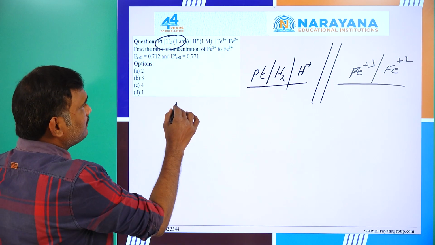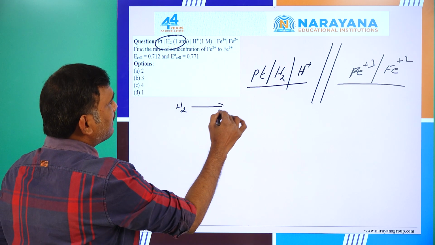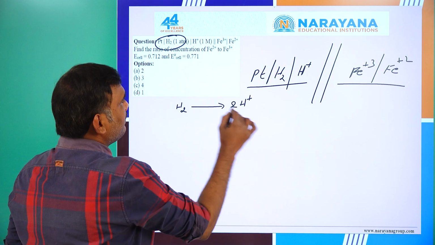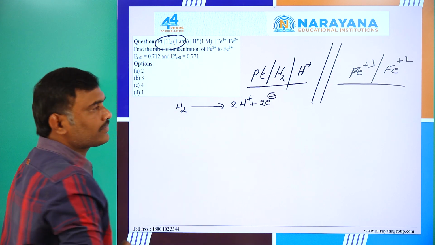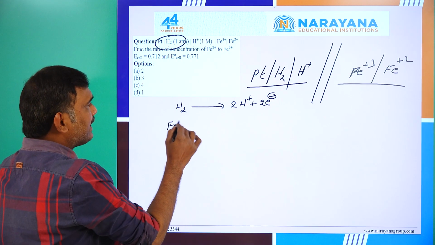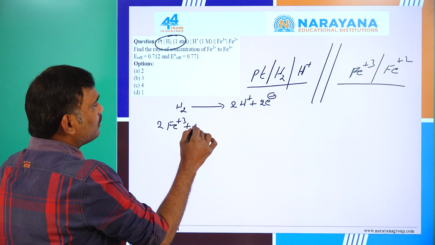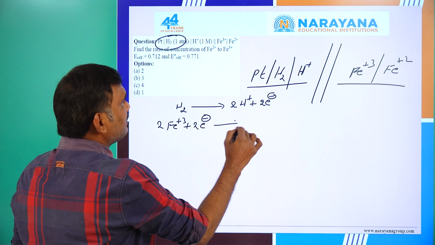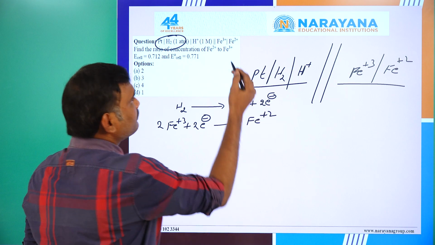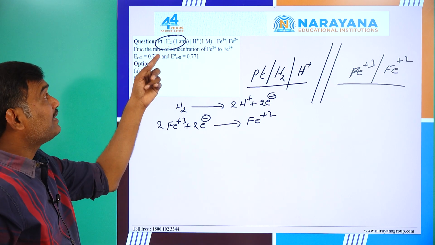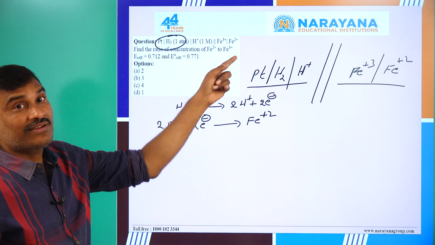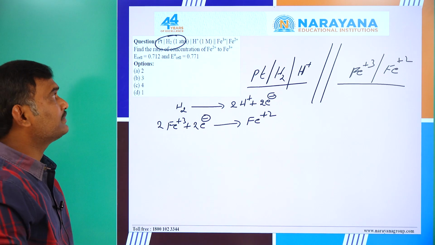According to that, hydrogen becomes 2H plus by releasing 2 electrons. Now Fe+3 takes the electrons and becomes Fe+2. This is the reduction taking place on the right hand side electrode. The question is, find the ratio of concentration of Fe+2 to Fe+3.